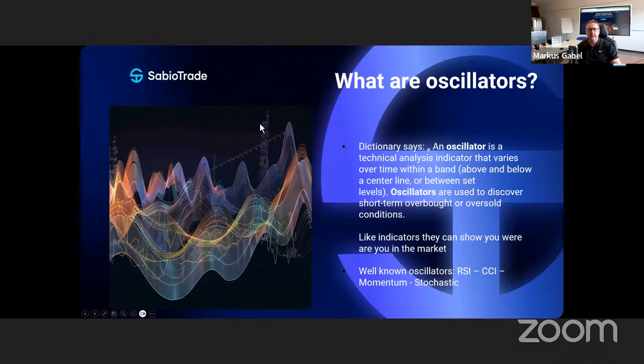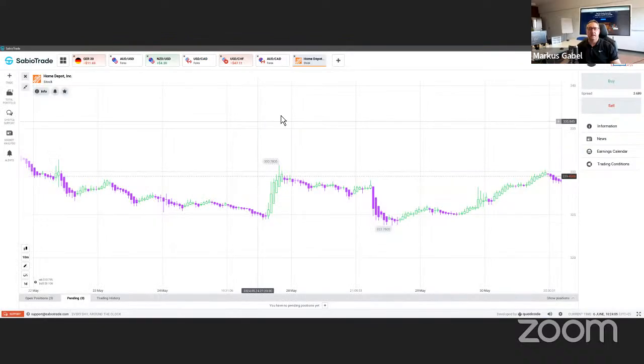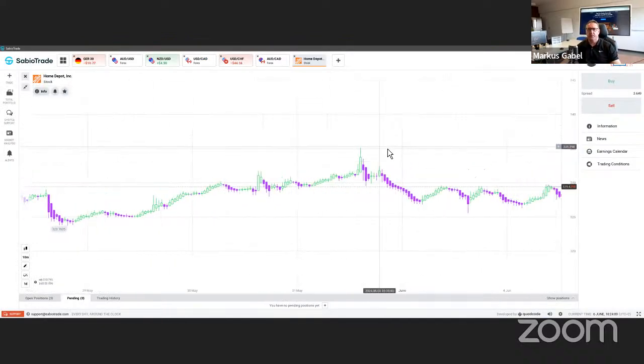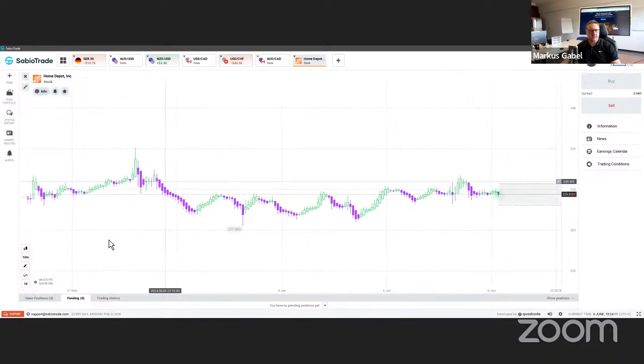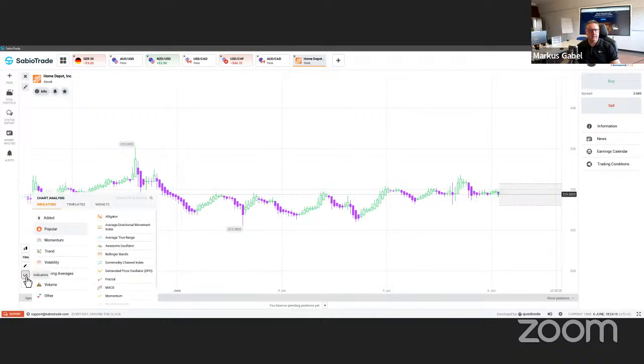I showed you already, but let's find it again. You want to see an oscillator? Yeah. So for example, let's go to the link on oscillators here on the left side again. And now let's find an oscillator. You can find many other things here. And let's see, for example, let's take the RSI or the MACD.